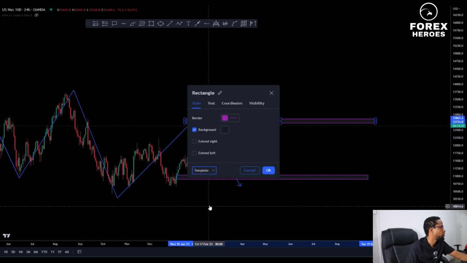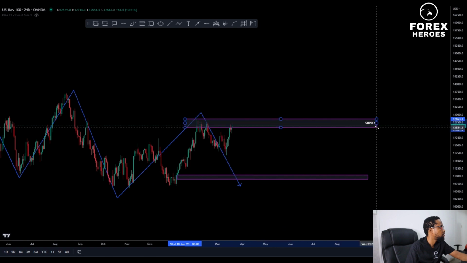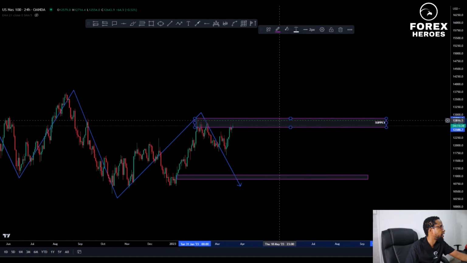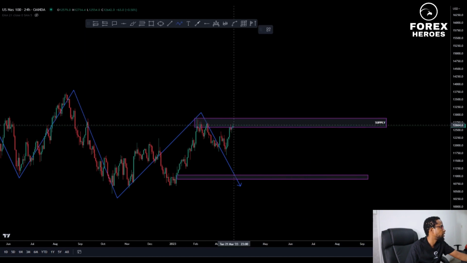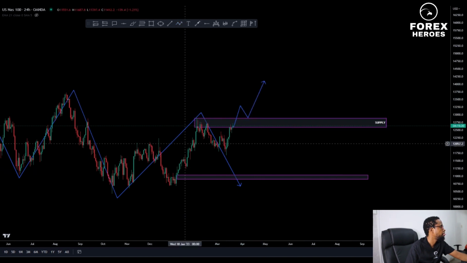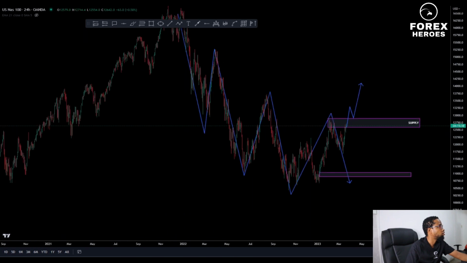supply. So this is our supply. If we break this supply, then in this manner, if we push, then we can definitely say now we've broken this downtrend.